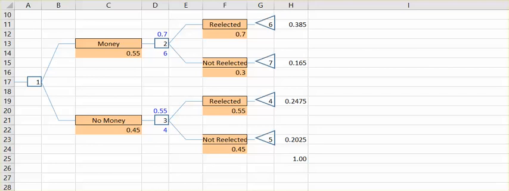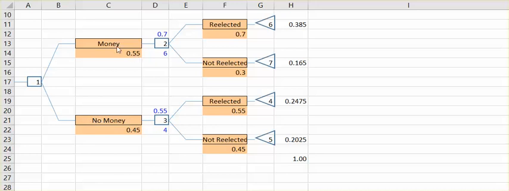So right off the bat, we know one thing. We know that this particular senator thinks there's a 55% probability of raising the money. So therefore, if there's a 55% probability of raising money, there is a 45% probability of not raising the money.